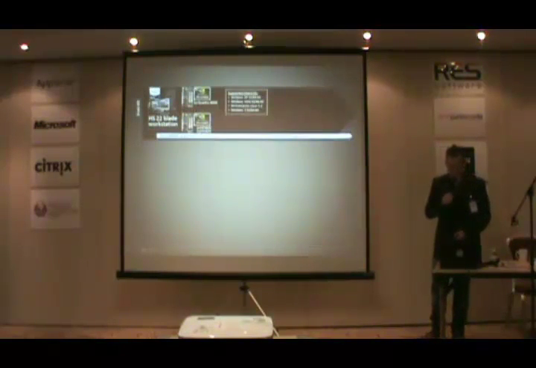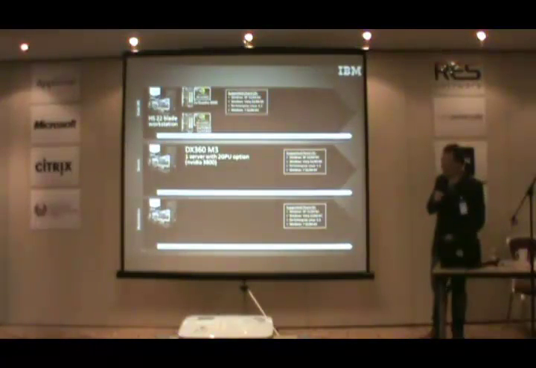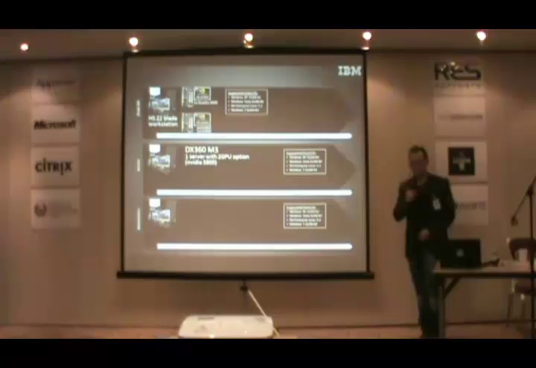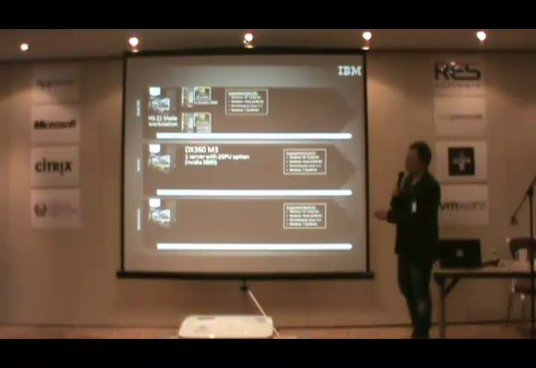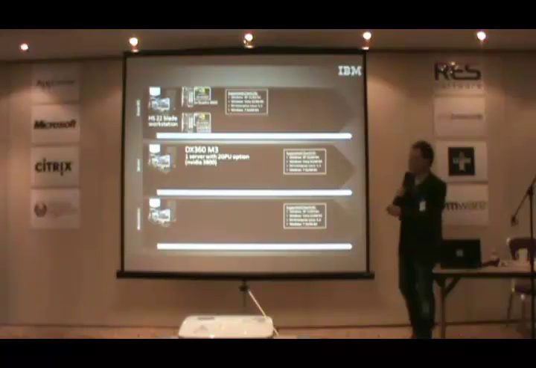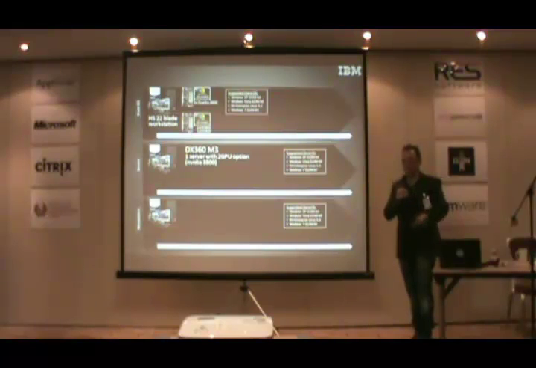IBM, they are also having blade servers, but the problem is it's one graphic card. So the new one actually, this is very important to tell you, they have two options. This is because of the new graphic card, how fast it is and how big it is.